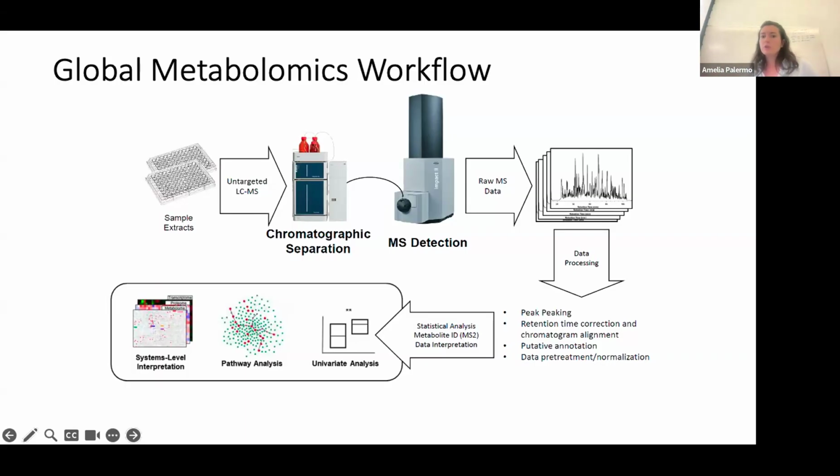And then data pretreatment and normalization, right? This is mostly what we do also in other omics approaches when we have a big data matrix. And then we use a univariate analysis, of course, as we use in every experiment. Pathway analysis, meaning taking this data and contextualizing it in the pathways.